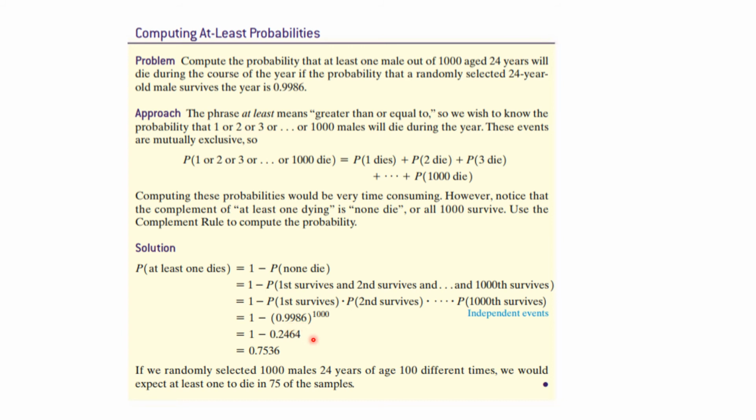So we're raising 0.9986 to the 1,000th power. We do this with our calculator and we see that the answer is 0.7536. So if we randomly select 1,000 males of 24 years, 100 different times, we would expect at least one to die in 75 of those samples.